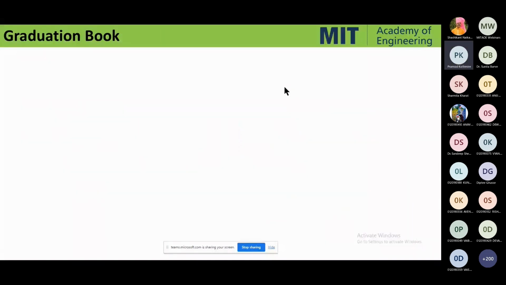Okay, now coming to the graduation book. What exactly is the graduation book? This everyone will be preparing. All Capstone portfolio students will be preparing the graduation book, and it will include not only the Capstone portfolio work, but also the work which you have done right from your first year of engineering, that is in design thinking, or in your SY minor project, or for your final year, that is TY 3 semester major project, including your capstone.